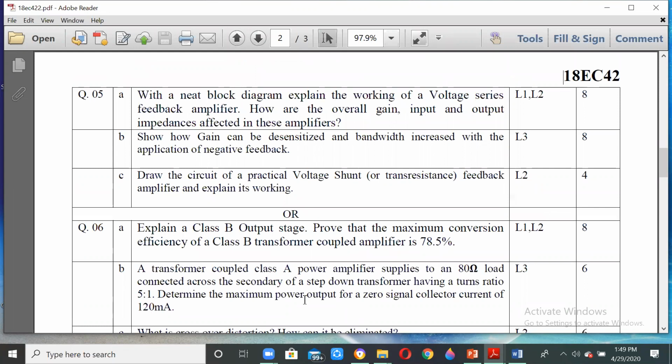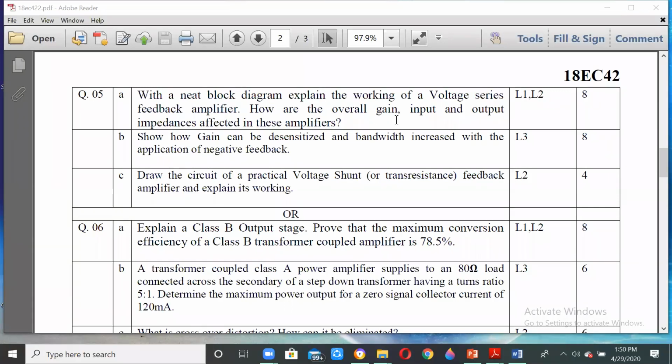Then 5A. 5A is the working of a voltage series feedback amplifier. Voltage series feedback amplifier just means the voltage amplifier itself with a feedback, that is series shunt amplifier. For series shunt amplifier, you need to find out how much the overall gain, input and output are affected.